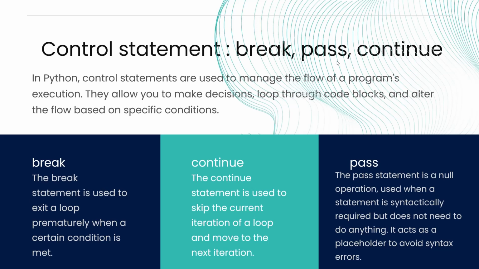Suppose we have a list, which we took as an example in previous topics. If I want the number 25, my loop is executing, and in my program I have defined that if the loop comes to 25, then the loop has to break at that particular iteration and exit.